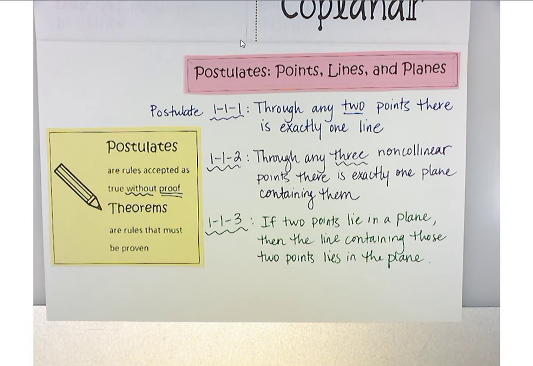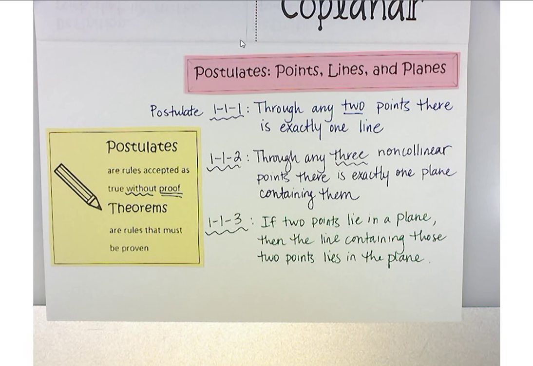Okay, so some of you have the postulates on the back page. The first postulate, 1-1-1, says through any 2 points, there is exactly one line. What that means is if you see 2 points, even if there's not a line drawn in between them, even if you can't physically see the line drawn, you can always draw a line in between them.